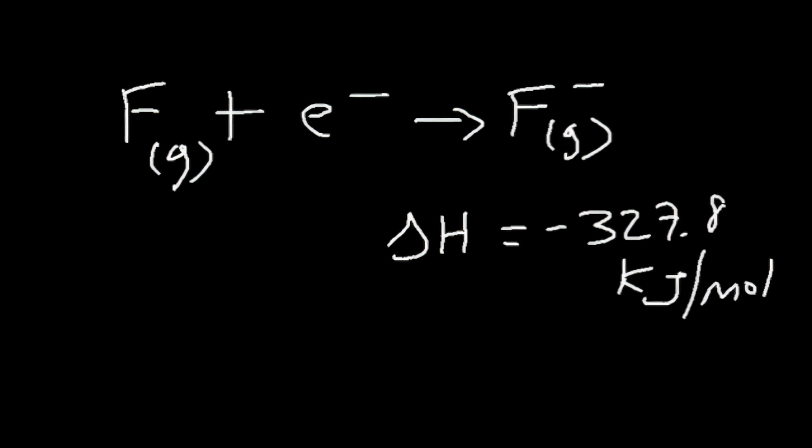Now the fact that it releases so much energy means that as it acquires that electron, it becomes very stable. So if the addition of an electron to a gaseous atom produces a stable ion, it's going to be highly exothermic. If it produces something unstable, chances are it's not going to be very exothermic. It might be even endothermic.